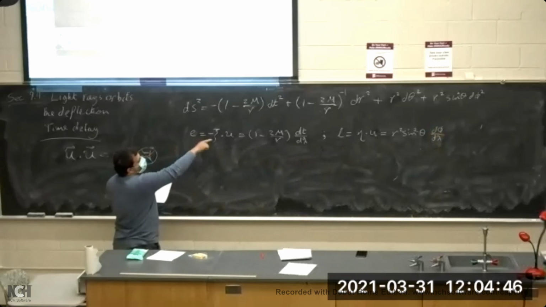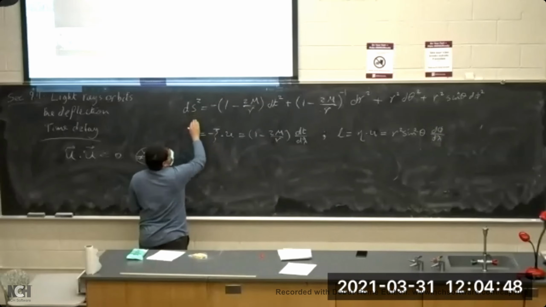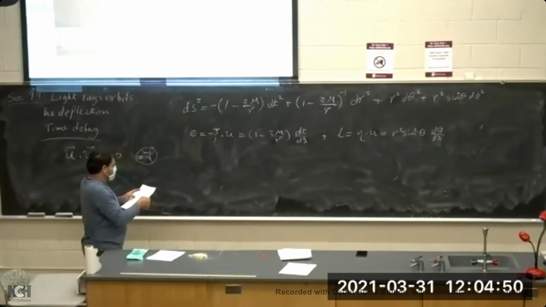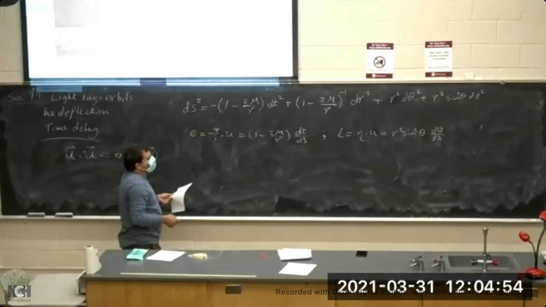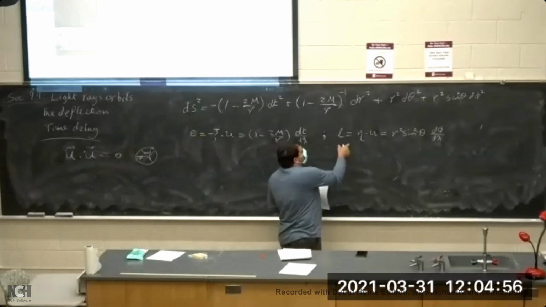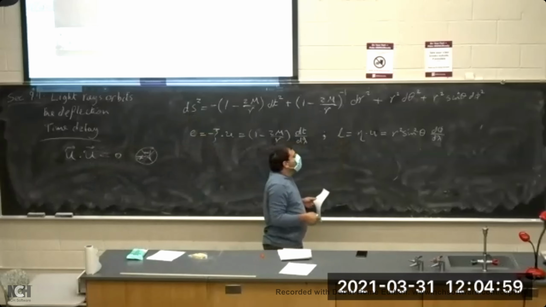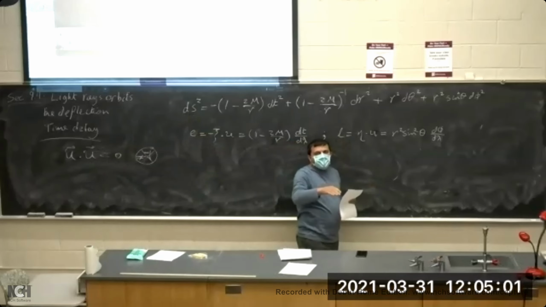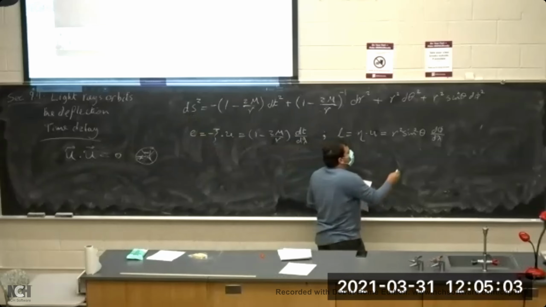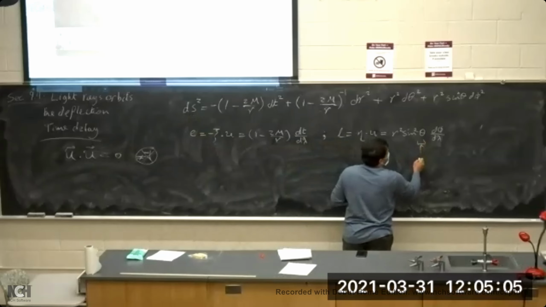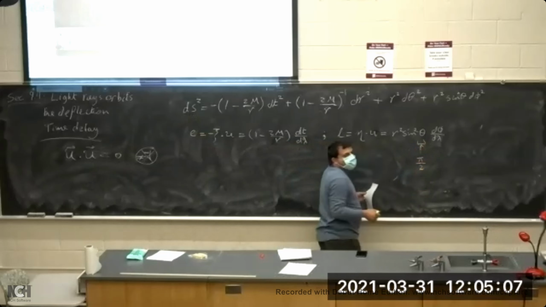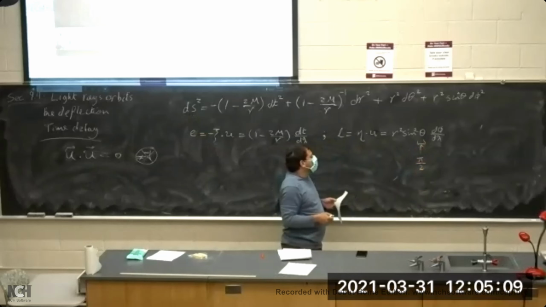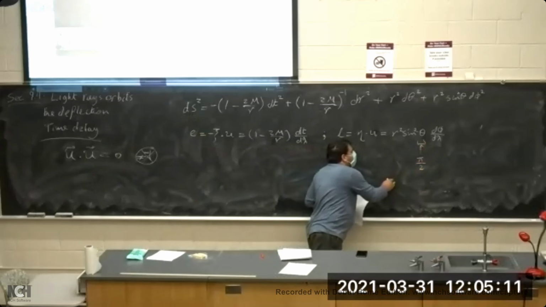Now, simply, we need to use this line element with these conditions. And we need to be clear that because we have conservation of angular momentum, we have a motion just in a plane. So we will use theta equal to pi over 2, just as we used it in the particles case.